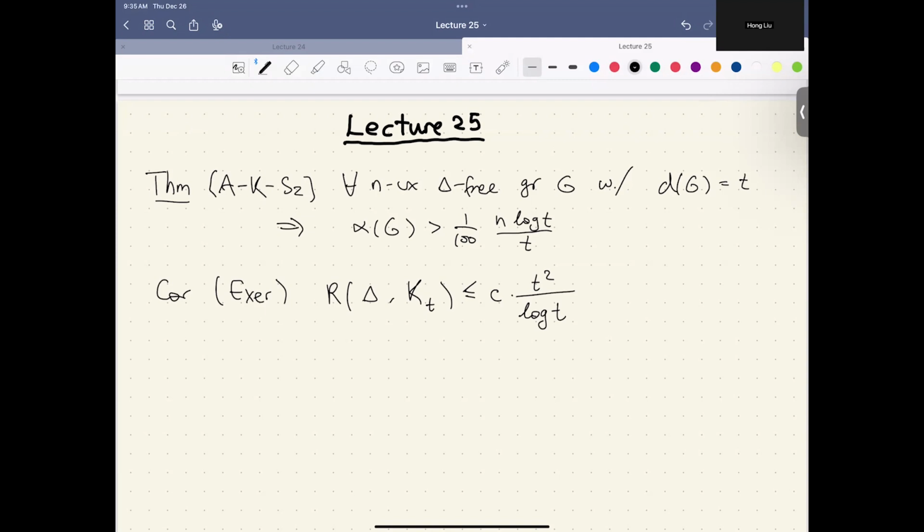So one of the key lemmas, the nibble step, is this lemma.